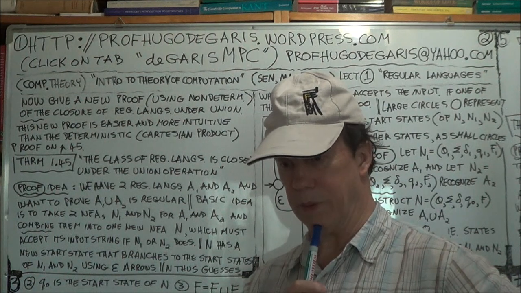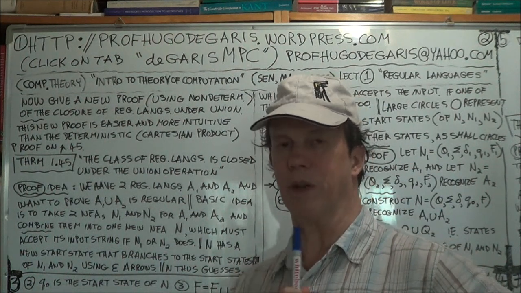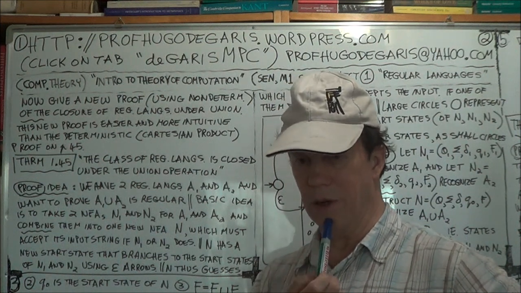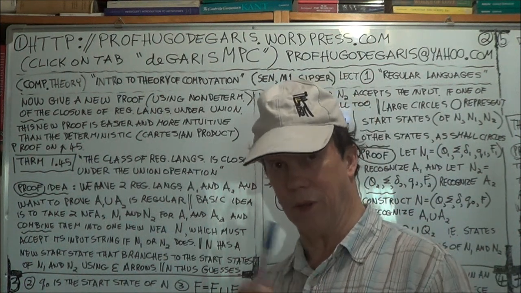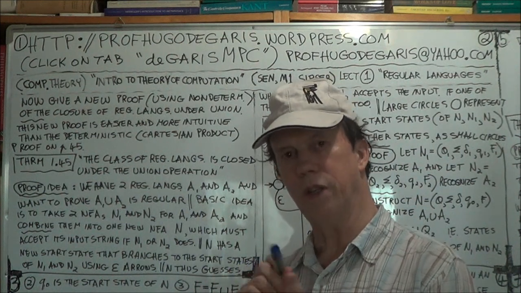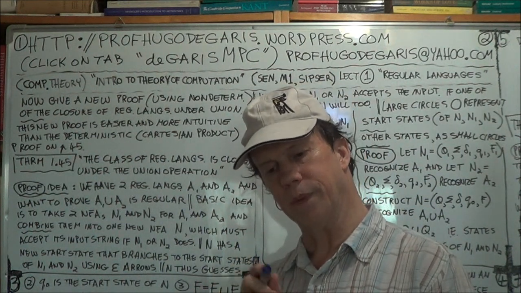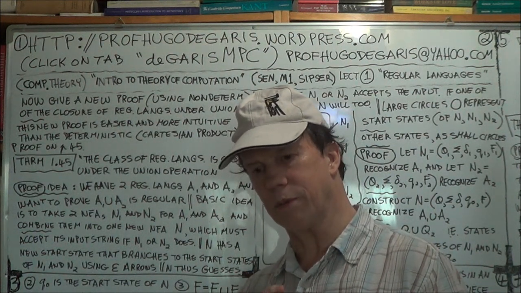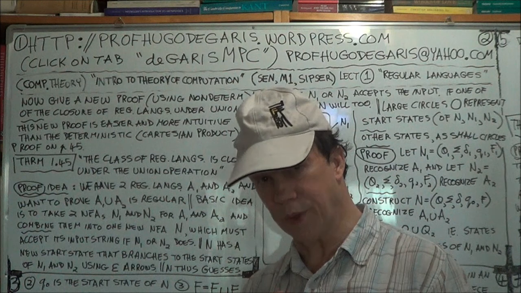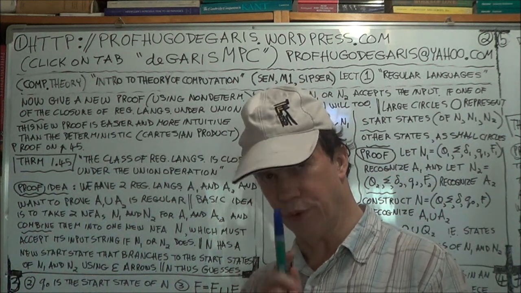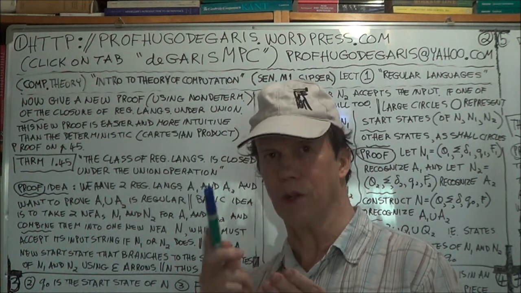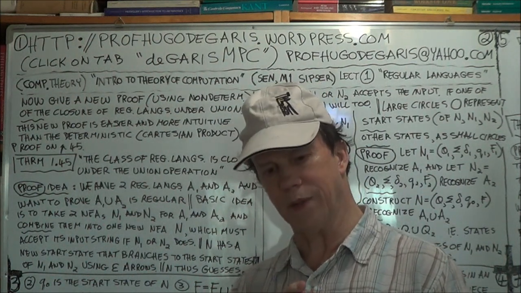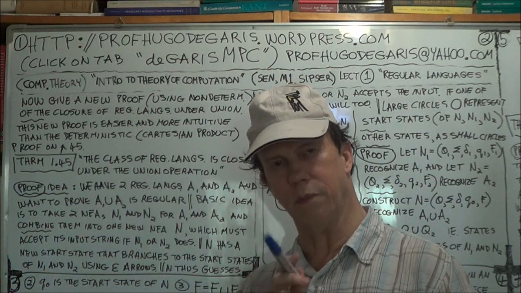For example, that the class or the set of regular languages are closed under the 3 regular operations of union, concatenation, and star. So we will show those regular languages are closed under those 3 operations, and we will prove that that's the case, closure, using NFAs, using non-determinism as the tool to make the proof.